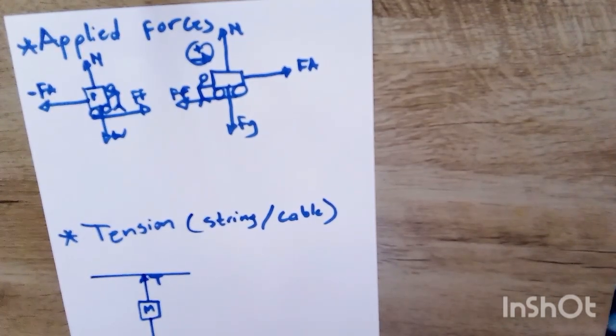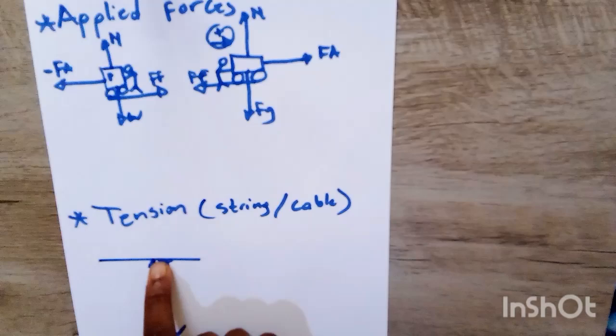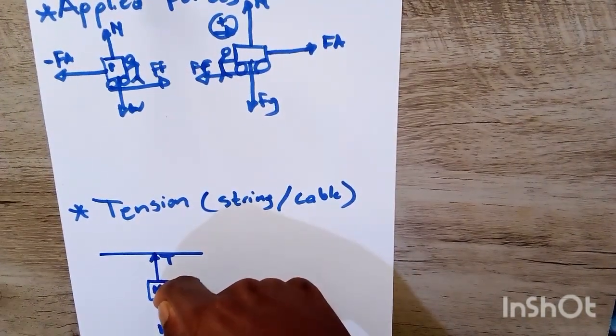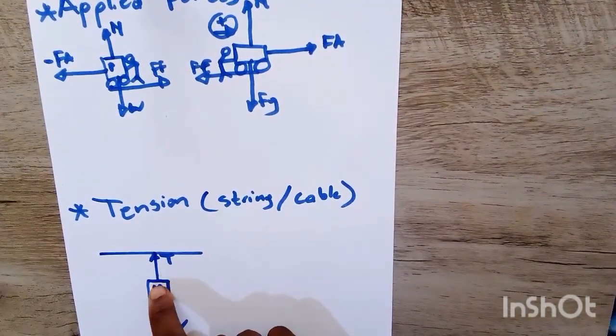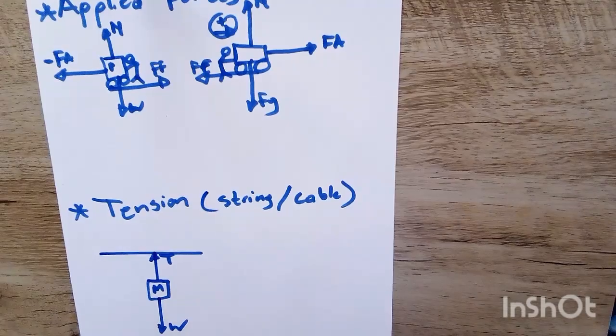We call it the reaction law, reaction to action law. Now, a tension acts upwards. There is also a force of gravity acting downwards because this object contains mass. These two are in opposition to each other.